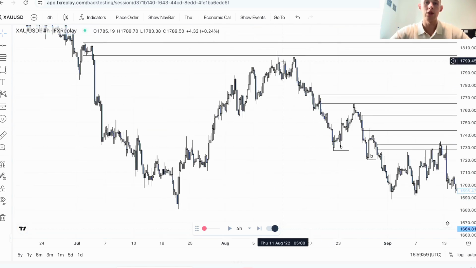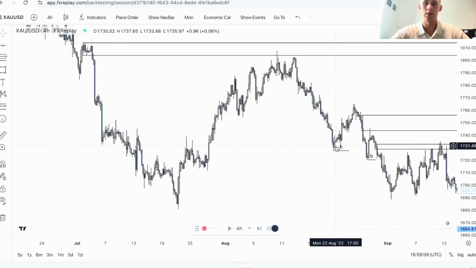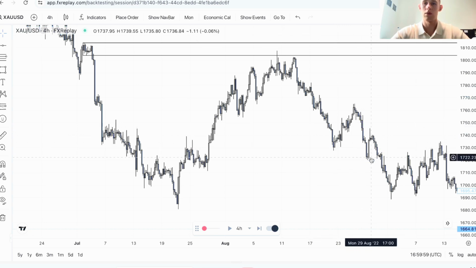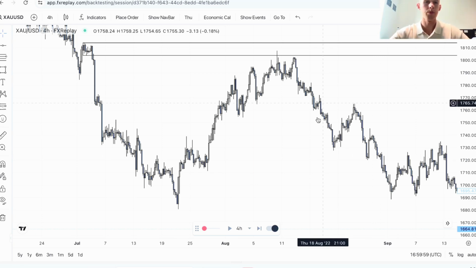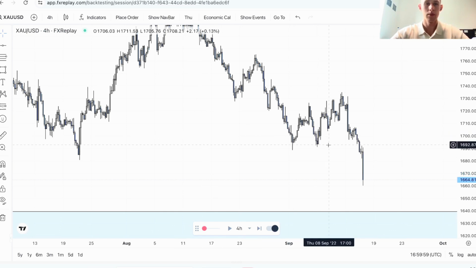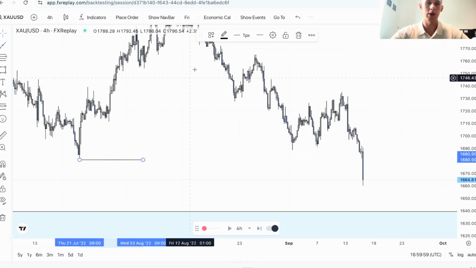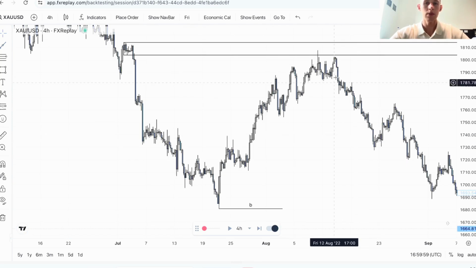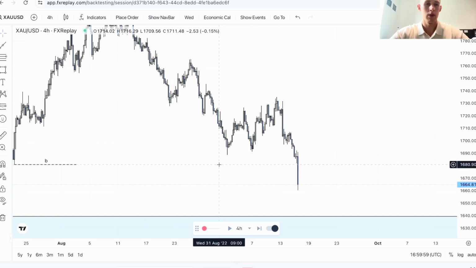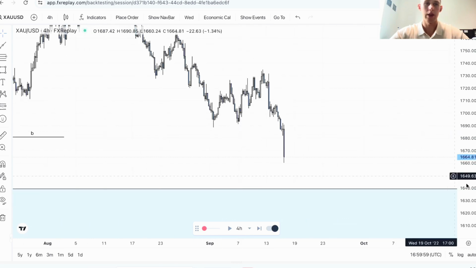Just going to get rid of some of these drawings as well. This was the main daily breaker structure as well, so I'll mark that on, like that.